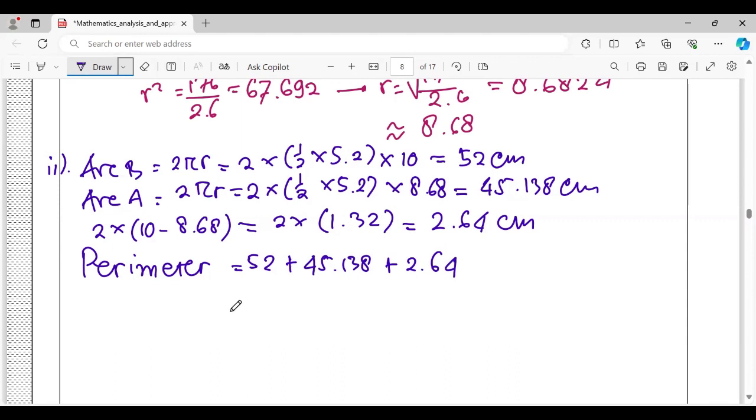So it becomes 99.778, or approximately 99.8 centimeters. This is the perimeter.